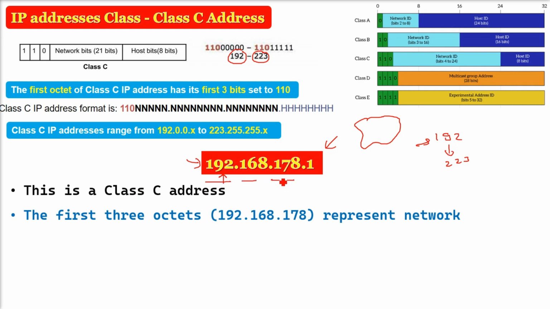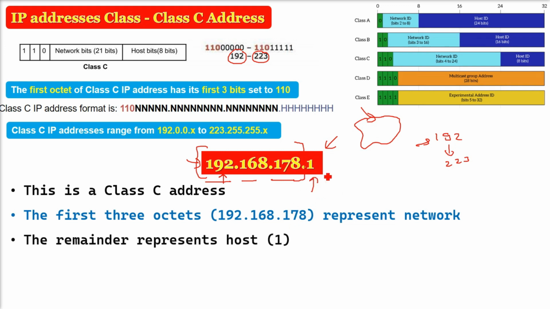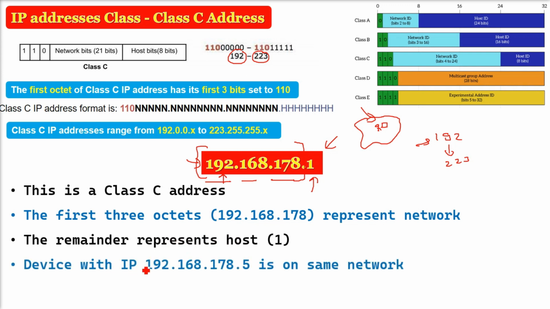The first three octets represent the network, or the subnet you are talking about. And the last one is the host, because network address and host address combined is called the IP.